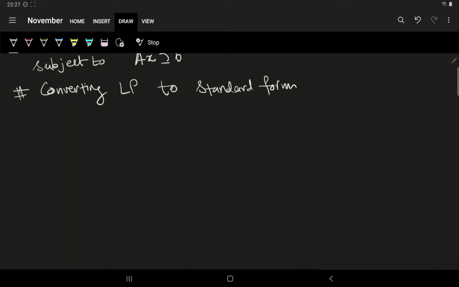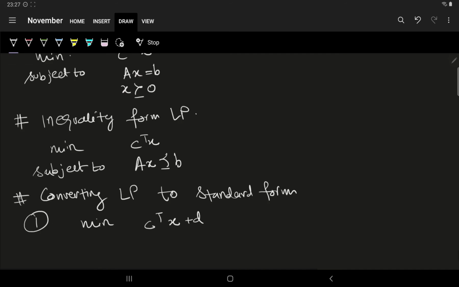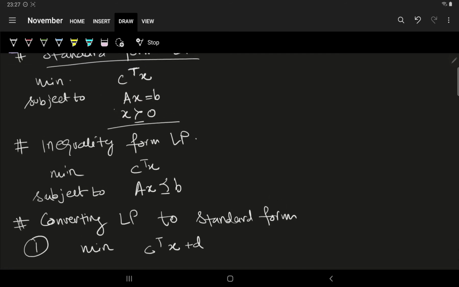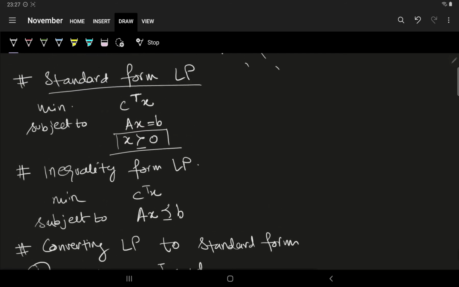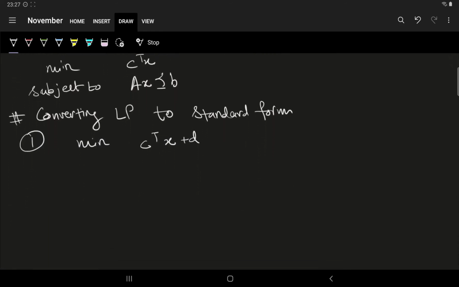So the first step is to introduce the slack variables, and we try to bring it to the standard form, where there will be only component wise inequalities, and equalities will also be there.